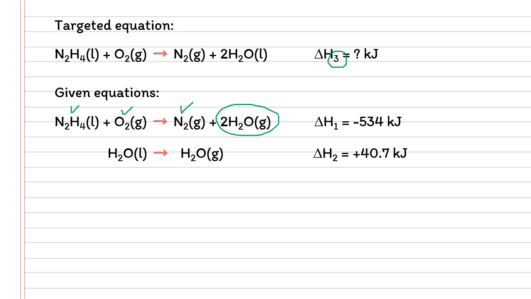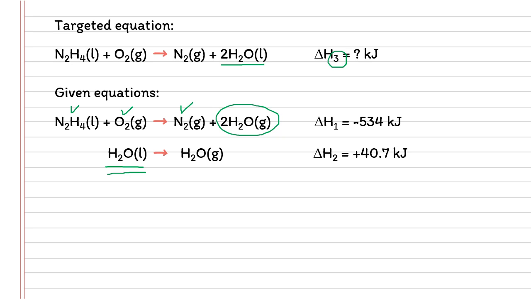So look at the other given equation. We have the H2O in liquid state, but at the moment it is on the left hand side. In order to suit the needs of the targeted equation that wants the 2H2O liquid on the right hand side, we need to reverse this equation to the right, and then since we want 2 moles of H2O, we need to times it by 2.